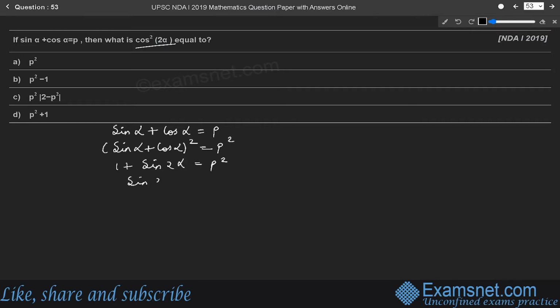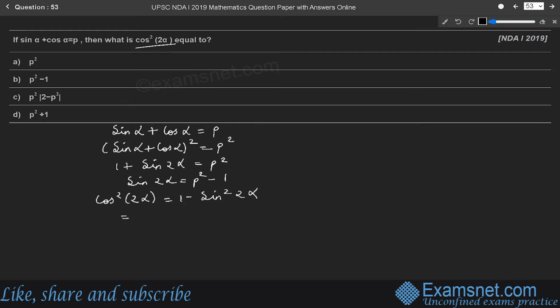sin 2α is equal to p² − 1, and we can write cos² 2α as 1 − sin² 2α.